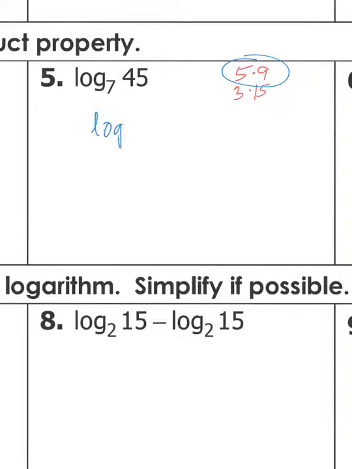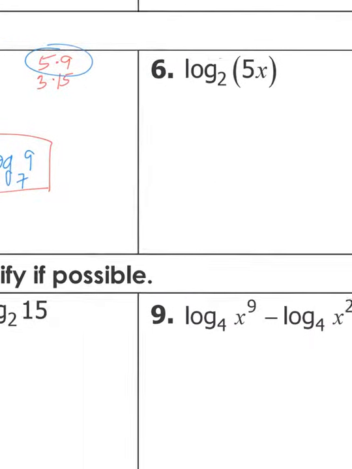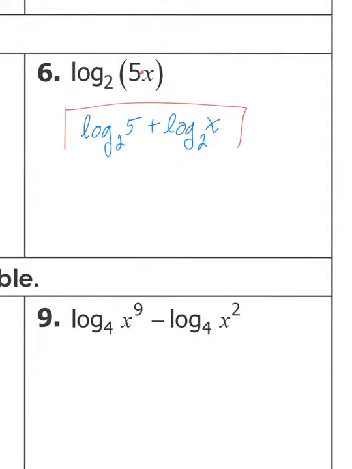So log base 7 of 5 times 9, you can expand that, pull that apart into two logs. And then number 6 is already a multiplication problem. You already have multiplication in between the 5 and the x. So we can just pull it apart using addition. And there you go.